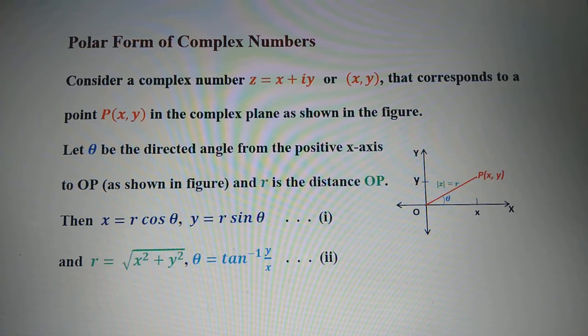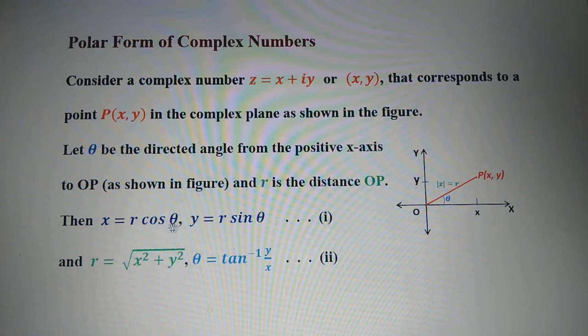But cos square theta plus sin square theta is 1, so r square equals x square plus y square, and therefore r equals plus or minus square root of x square plus y square. But r is a distance, and distance is never negative, so the positive square root is taken. So r is equal to square root of x square plus y square.